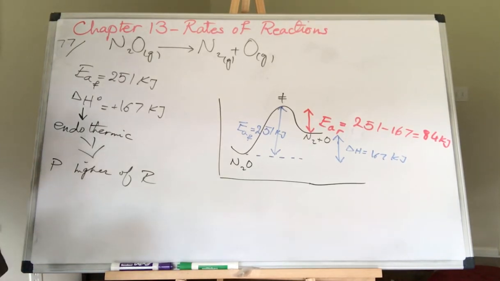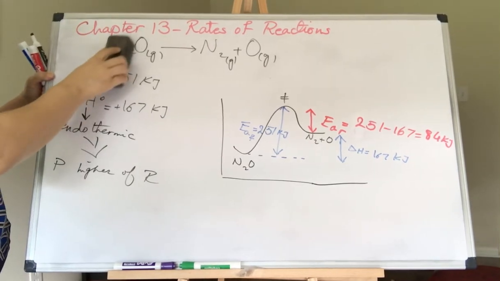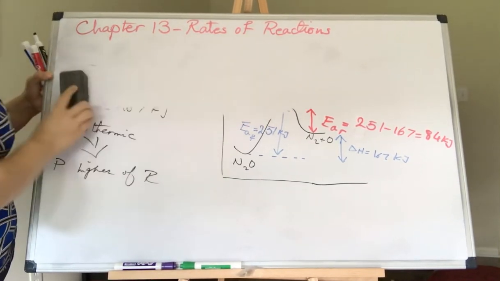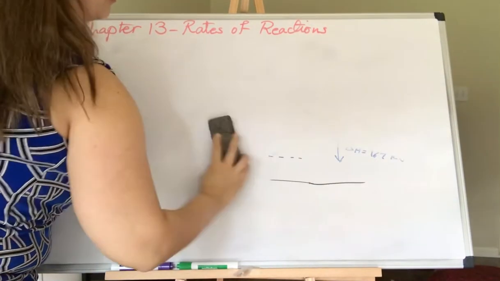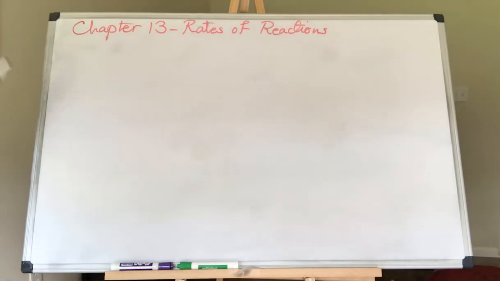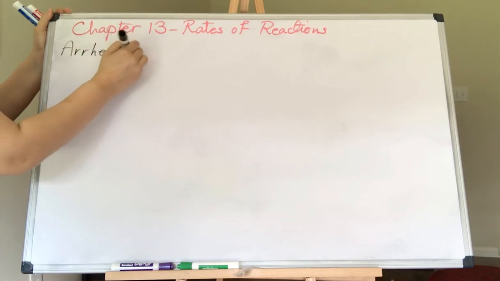Then in two different temperatures, because the temperature is going to affect the rate and the rate constant, we deal with the Arrhenius equation.